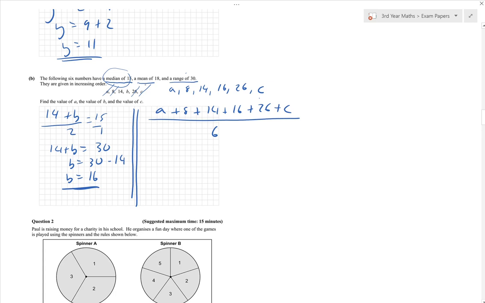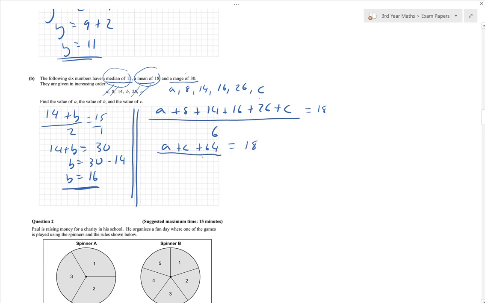And I know that the mean is 18, so I'll make that equal 18. Then I'll simplify it, so add all the numbers. So A and C and 64, is equal to 18.